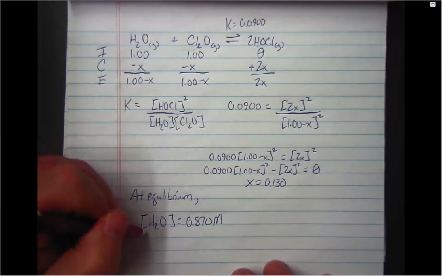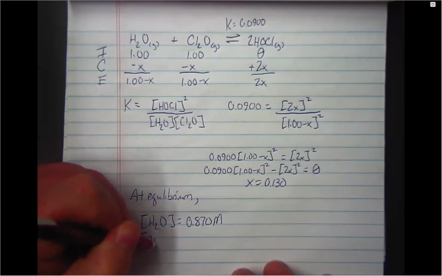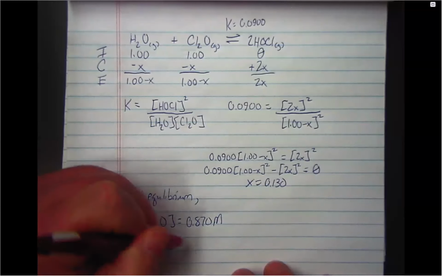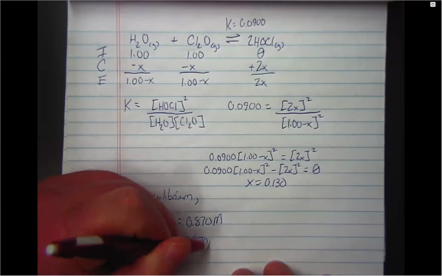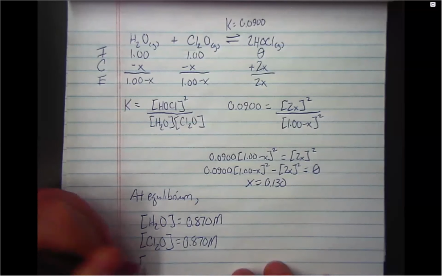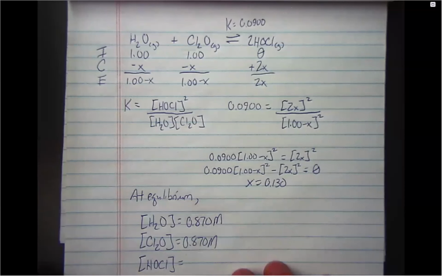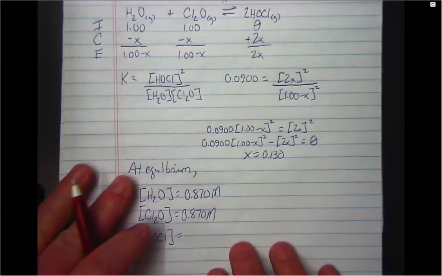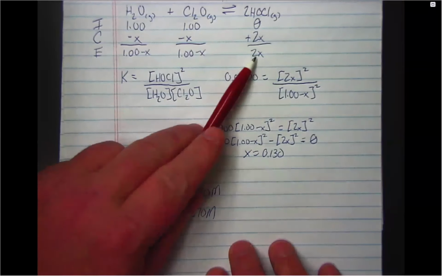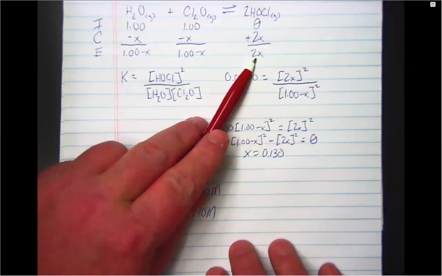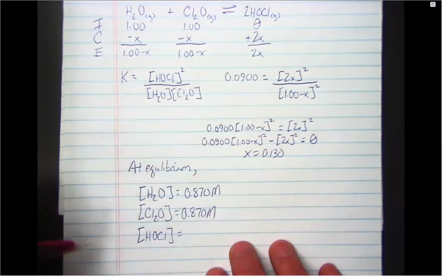And my molarity of Cl2O should be 0.870 molar. And my molarity of HOCl should be what? Is my equilibrium molarity of HOCl X? It's 2X, right? Yeah. There we go.